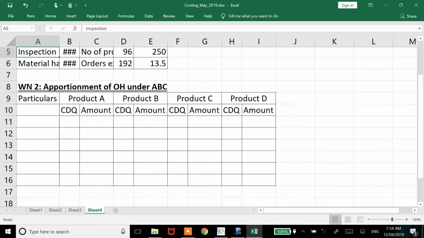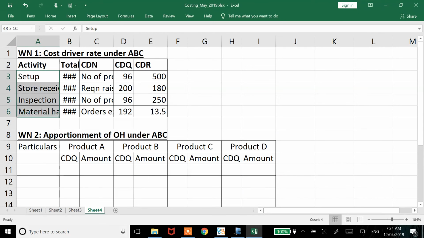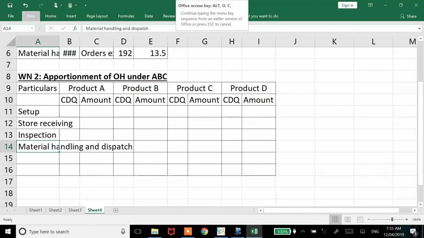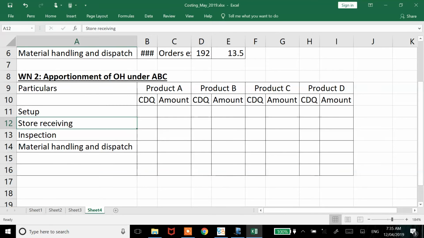Whatever the activities were here, you copy paste them from there. Now, what I want to know is, for the setup activity, the driver was production runs.